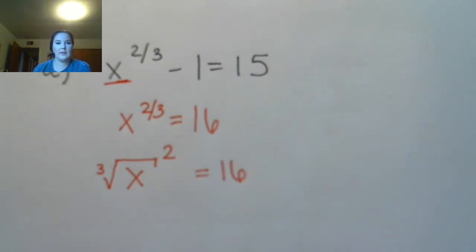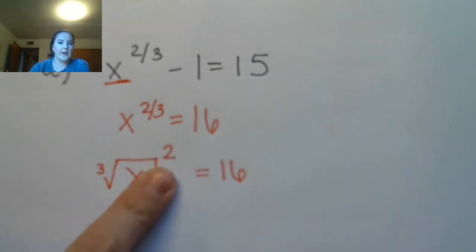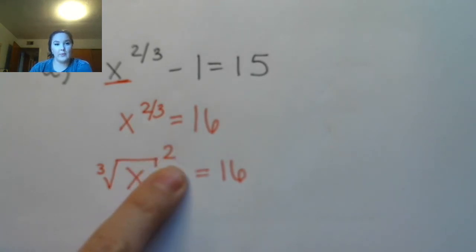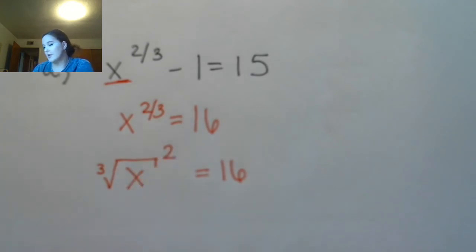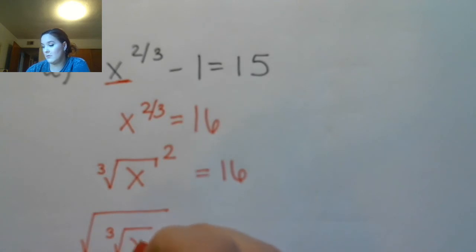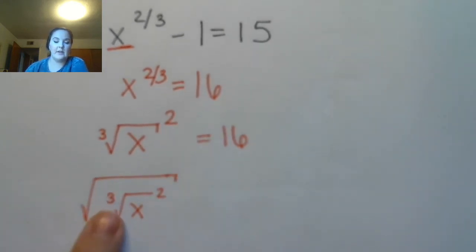All right. So now what we want to do is get rid of the square. That means we're going to take the square root, the corresponding root. I know this looks a little bit funny, but that's all right.